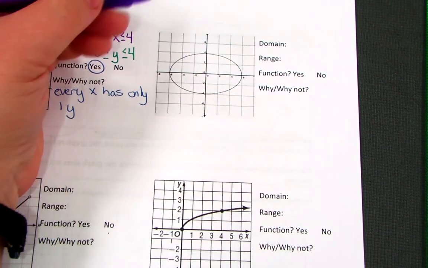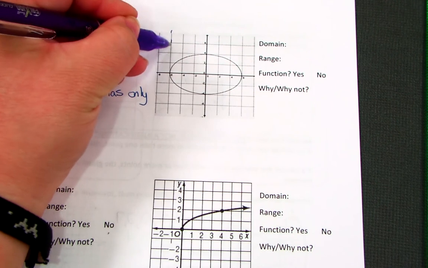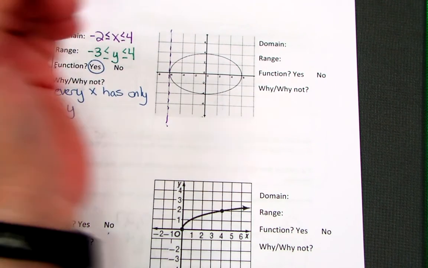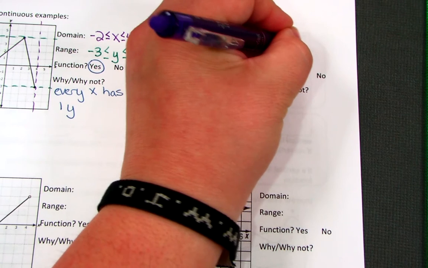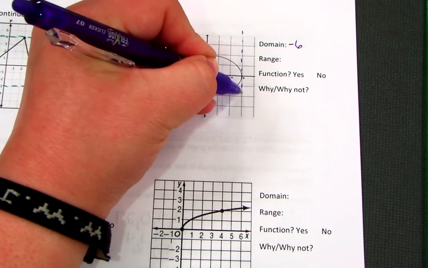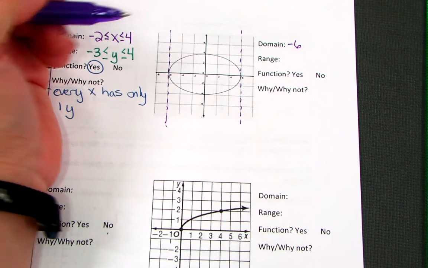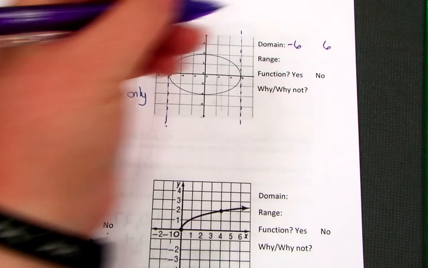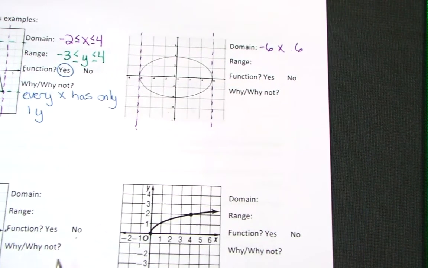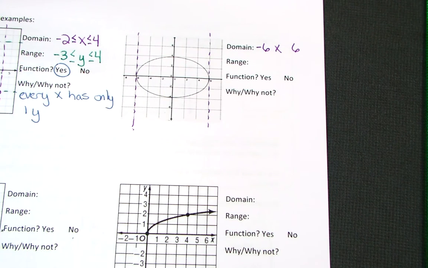Domain, furthest left. And you kind of have to squint just a little bit, but the furthest left that it goes is -6. The furthest right is +6. And x is somewhere in between. Oops, sorry, I'll move that over a little bit. X is somewhere in between there.